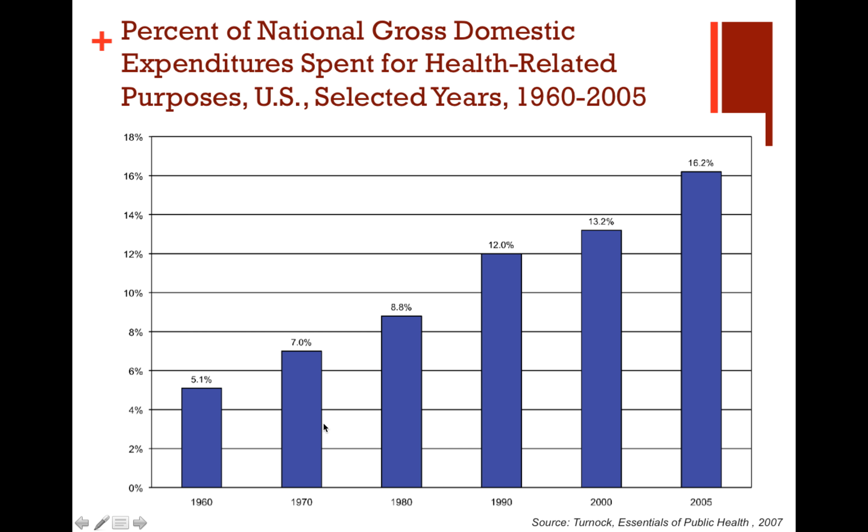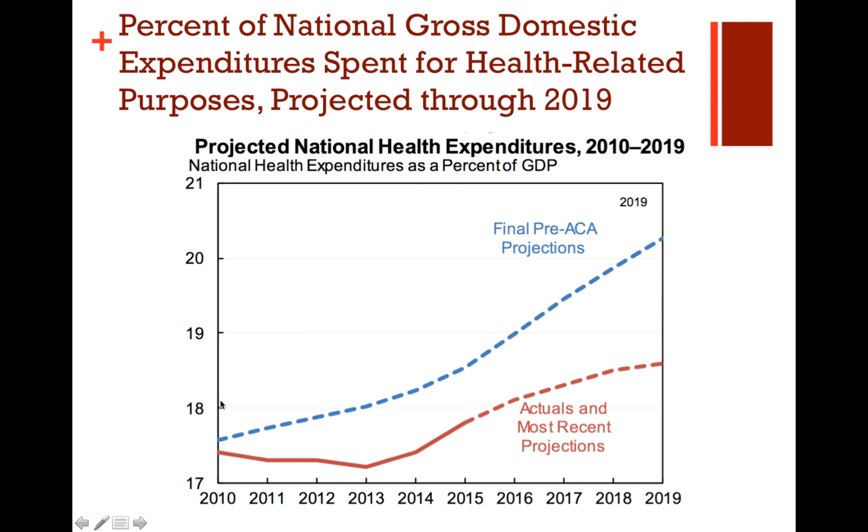Again, just another example of how our gross domestic product, our national spending on health-related purposes, has increased quite dramatically. And then this again is looking at what were the projections of what we would be spending based on the Affordable Care Act. When we were looking at what they were going to be, these are the final pre-ACA.